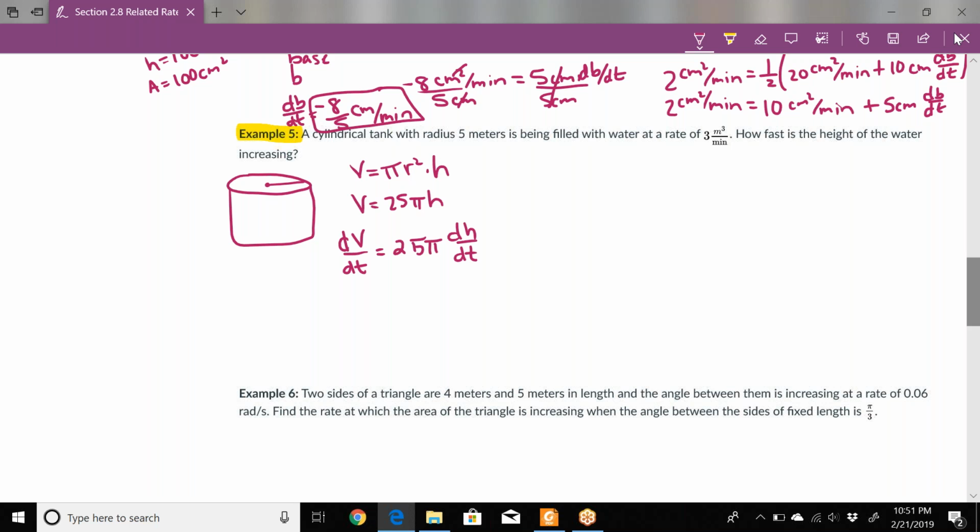So that's a volume. So if this is 3, and this is 25 pi dh/dt, then this would be 3 over 25 pi, and this is in meters per minute. And that would be our dh/dt.